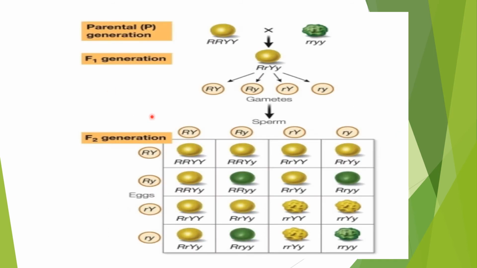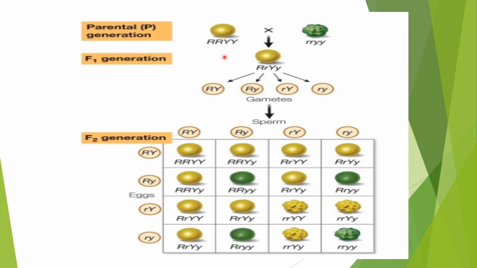Now, this slide explains a dihybrid cross. It seems to be a little complicated, but a little bit of practice and a little bit of concentration will help you to overcome this fear of solving a dihybrid cross. So in dihybrid cross, we have to take two characters into consideration, which will be having 4 different traits.